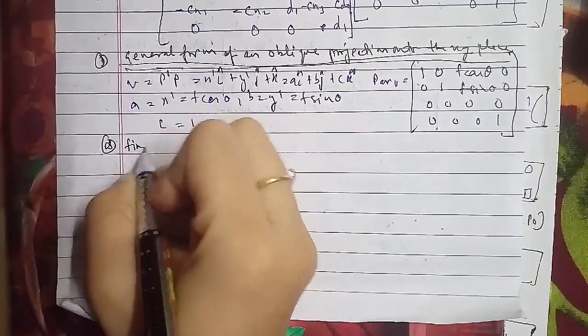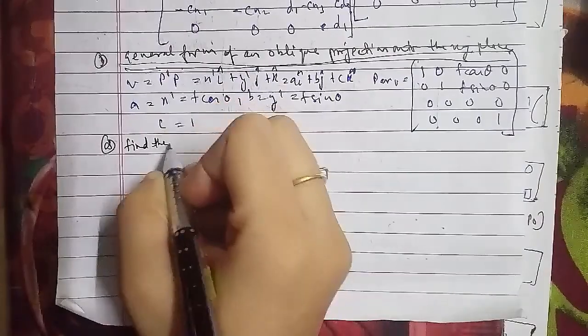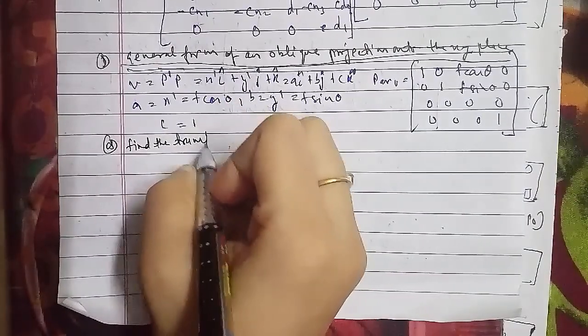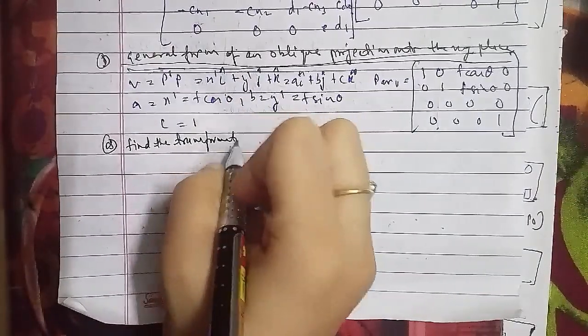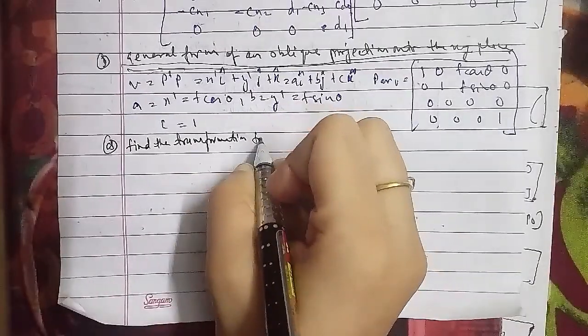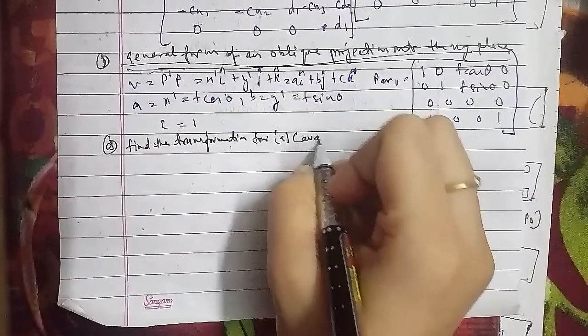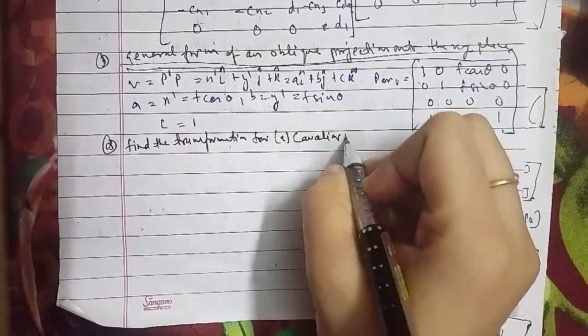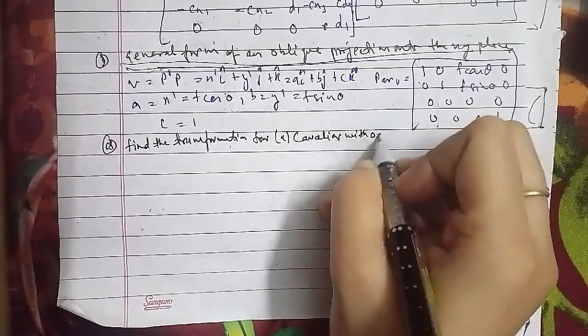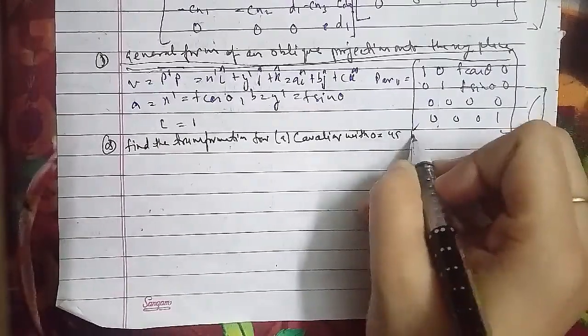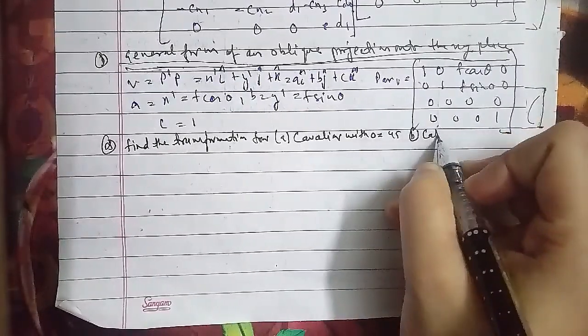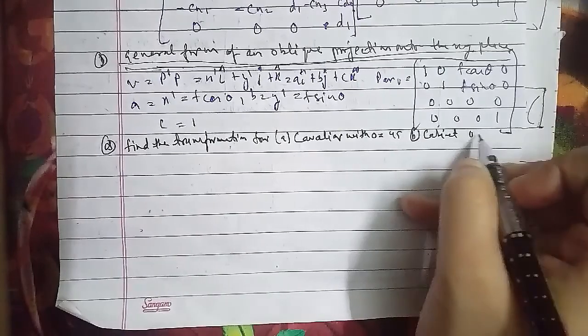Find the transformation for the first, Cavalier with theta equals 45 degrees, and the B part is the cabinet projection with theta equals 30 degrees.